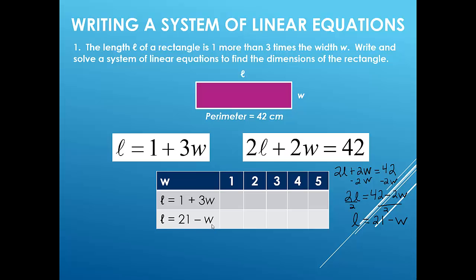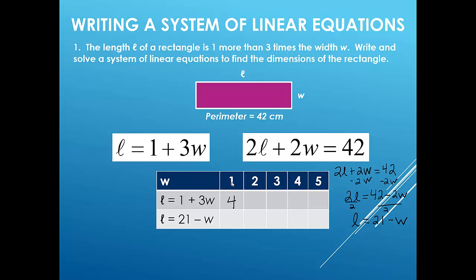Now we can go ahead and plug in our values for W and solve for L. So first, we'll look at the first equation, L equals 1 plus 3W. And we're going to substitute 1 in for W. So we'd have 1 plus 3 times 1. And 3 times 1 is 3. And 1 plus 3 is 4.